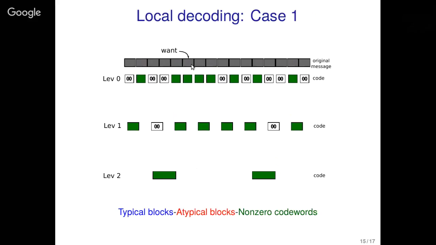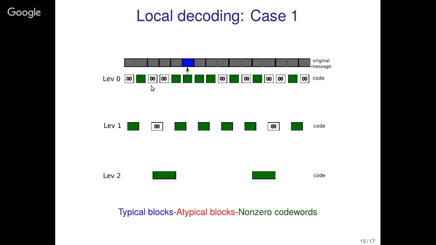If it is 0, then it means that this is atypical. So, for example, if you want to recover this block, then we read the level 0 code word. This is non-zero, and therefore this must have been typical, and you can recover this just by looking at the typical set corresponding to the index stored here.